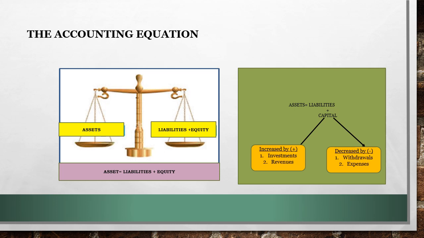That is why this accounting equation is also called the balance sheet equation. And it is the foundation for the double entry bookkeeping system. So for each business transaction, the total debits must be equal to the total credits.